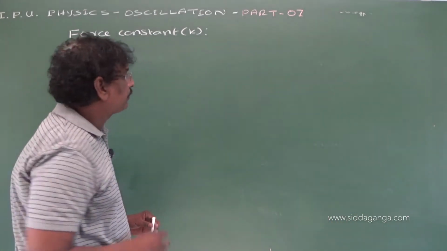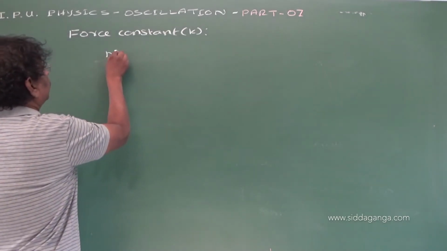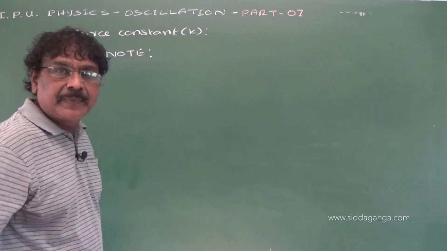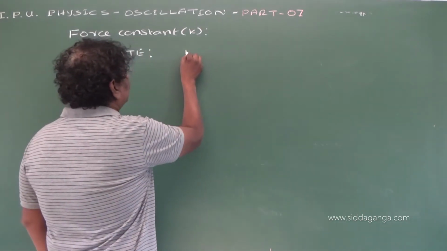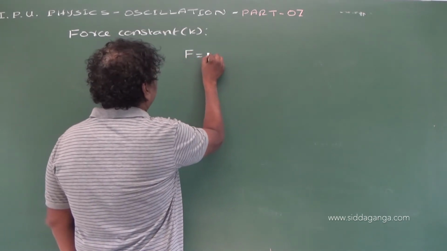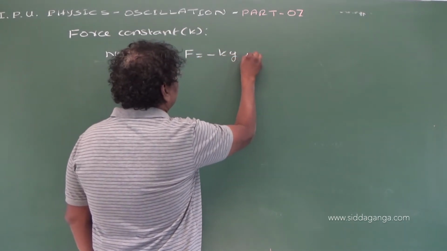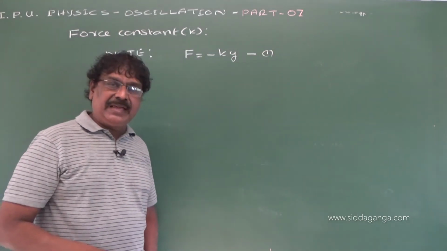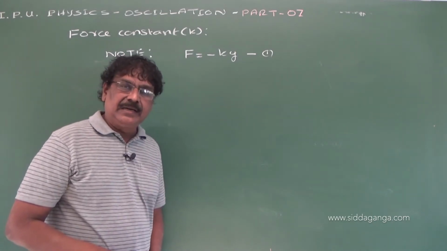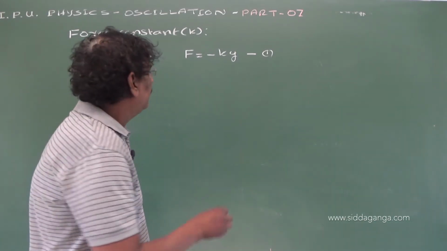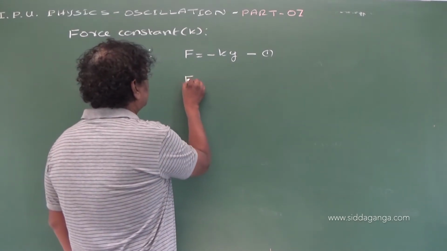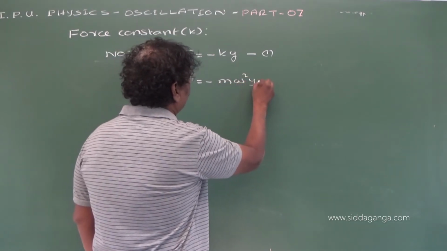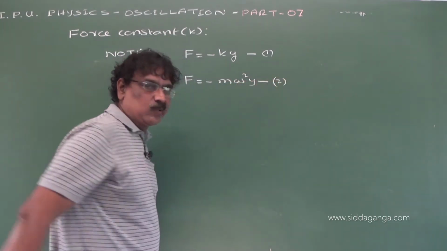Now we will discuss some facts here. We have that restoring force F is equal to minus ky, which we have discussed earlier, and in the previous class we discussed restoring force. We have that restoring force F is equal to minus m omega square y, that is equation 2.